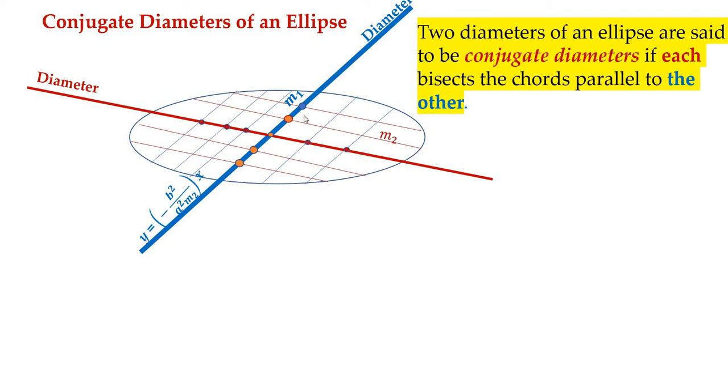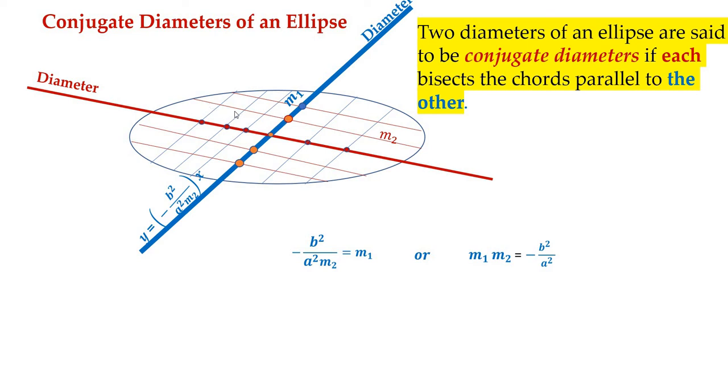But already for this blue color line we have taken m1 to be the slope, which means this slope must be the same as this slope. So equating them, the slope of this one is minus b square by a square m2 and the slope of this one is m1. Rewriting it, we get m1 m2 equal to minus b square by a square.